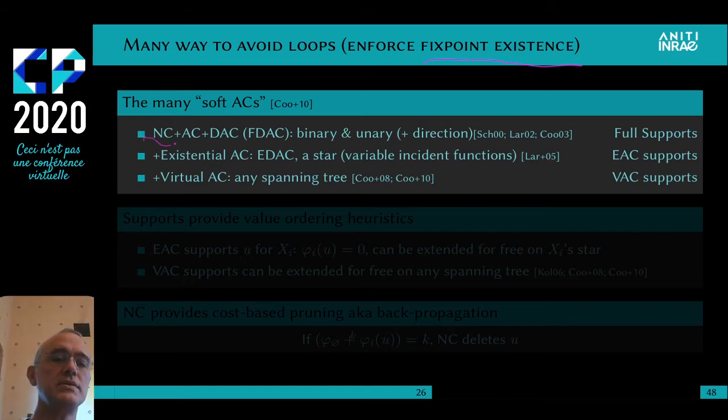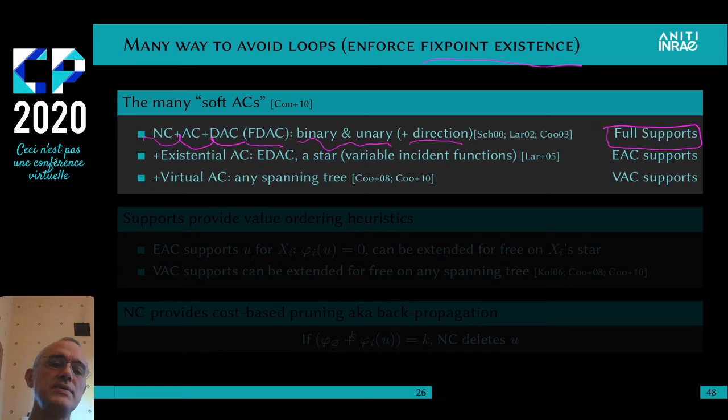So node consistency, R consistency, directional R consistency combined together. They sequence this operation inside very small scopes, so one function plus the unaries inside, and you must enforce a direction to avoid cycles, and this defines argmin of elimination, full support.